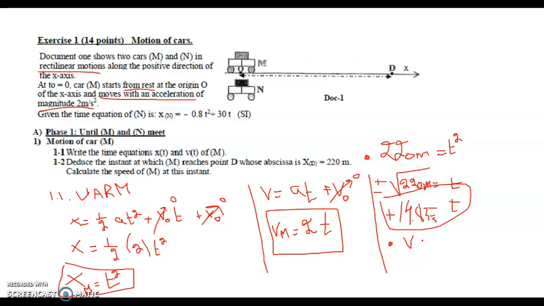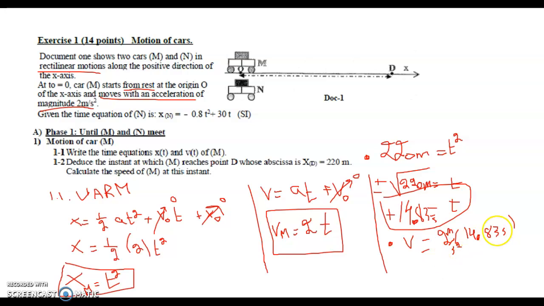V at this instant is equal to 2 times 14.83 seconds. And this 2 is for the acceleration, so it's meter per second squared.